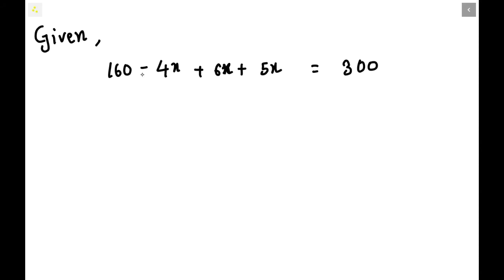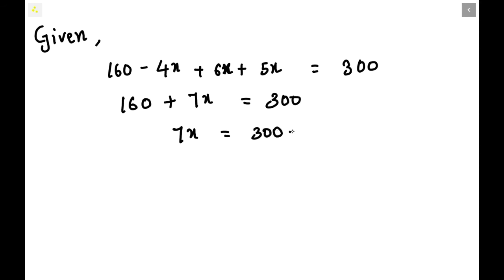Now let us simplify the variables. 6x plus 5x we get 11x. 11x minus 4x we get 7x. So 160 plus 7x will be 300. Now let us keep the variable here, and 160 in the LHS, when it goes to the RHS, will become minus 160.